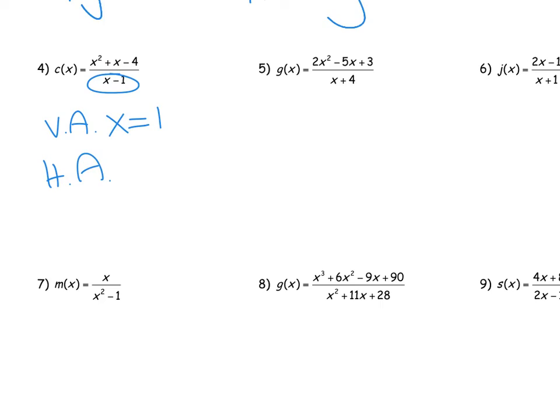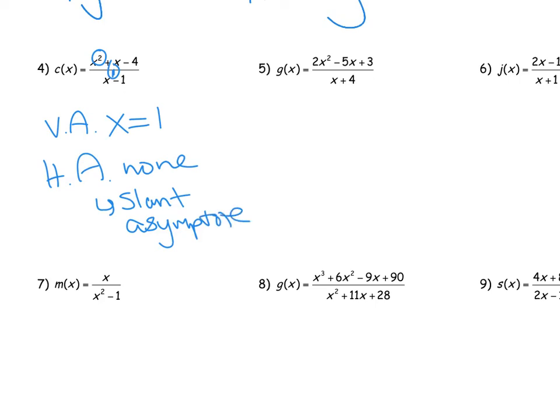Well, because this is top heavy, again, because if you take a look, the exponent here is really to the first. So because this is top heavy, there is no horizontal asymptote. Again, I don't know if you remember I said this earlier, but that means there would be a slant asymptote here. Okay, but you don't really need to worry about that right now.